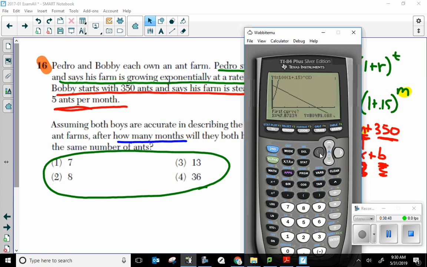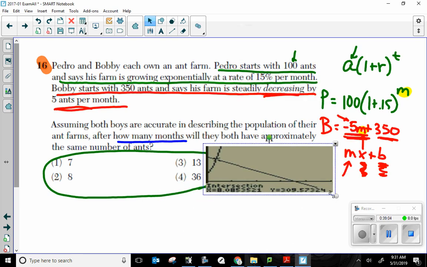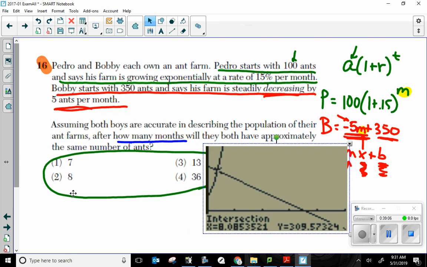Let's bring him all the way. There he is. I'm going to hit enter 3 times. 8.08. So approximately how many months? That's closest to 8, and our answer is choice 2.